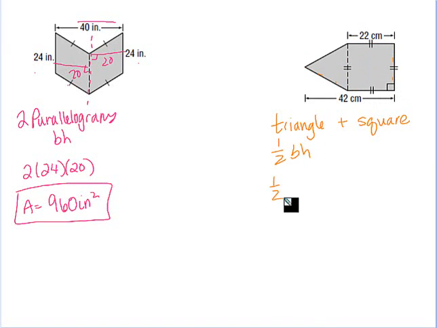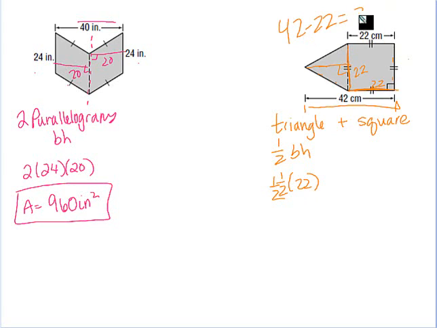So 1/2, we know this base here is 22. We know that because these are all marked congruent. So 1/2, 22. This height, well, if this whole length is 42, and this length is 22, 42 minus 22 is 20, so that height is 20.